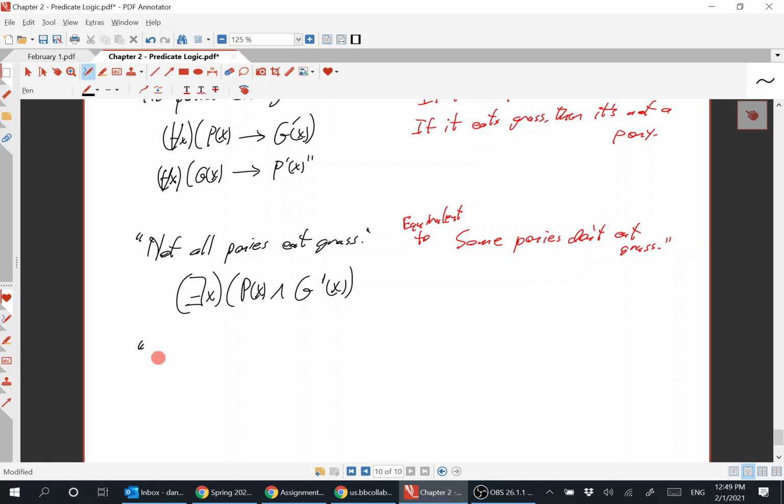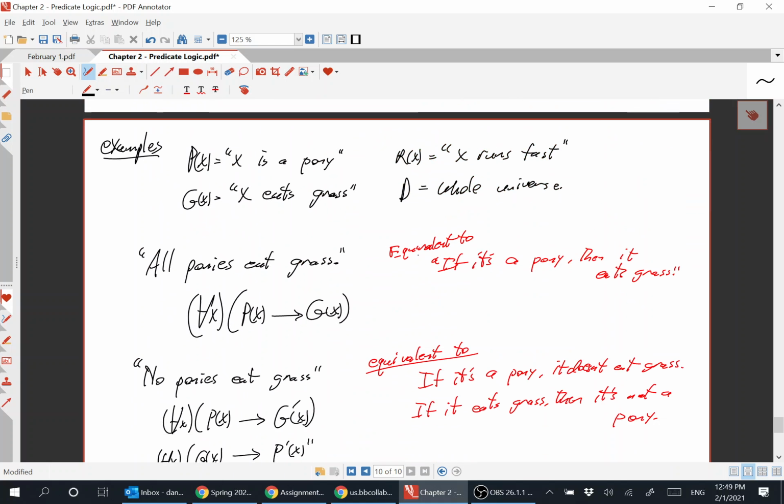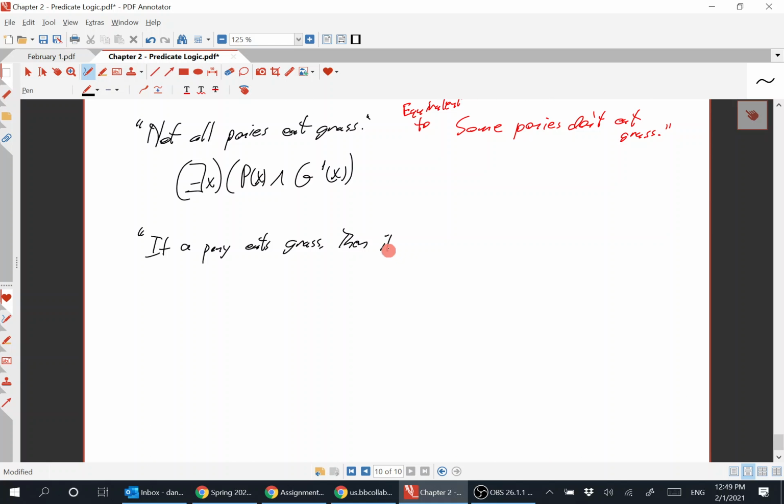How about this? If a pony eats grass, then it runs fast.